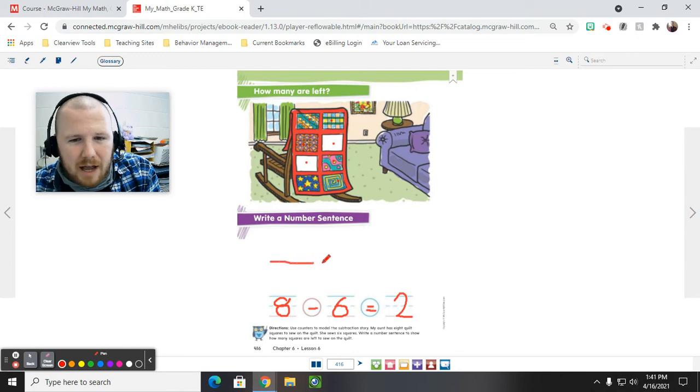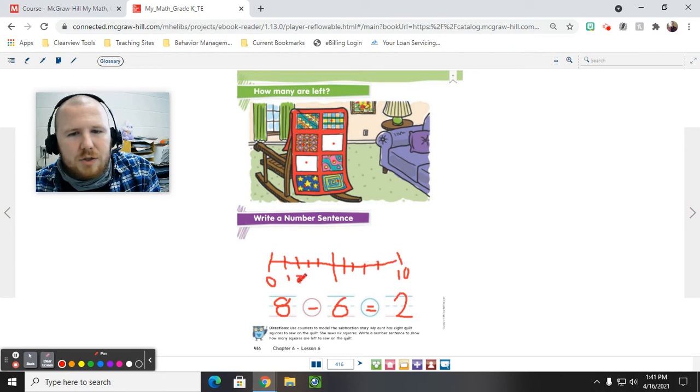So if I had a number line like this, and I had 0 to 10, and then I had 1, 2, 3, 4, 5, 6, 7, 8, 9, 10. 1, 2, 3, 4, 5, 6, 7, 8.